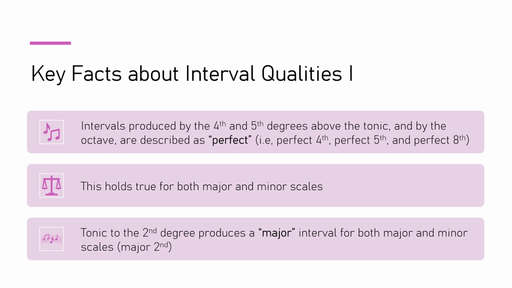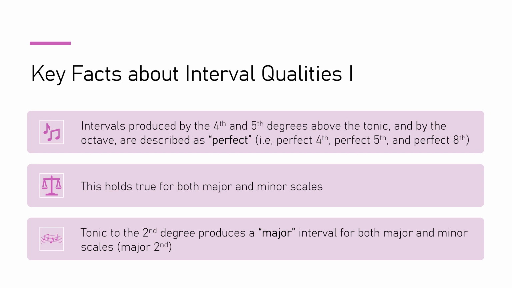Major second. It is major, simply because between that first degree and the second degree, you have not just two notes that makes it a second. You also have a tone difference between those two notes, and that's why it is a major second. So it is a second because it is two notes.